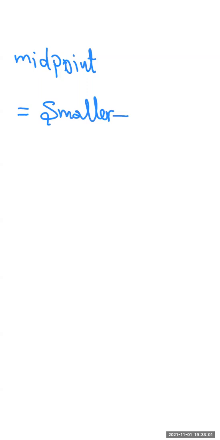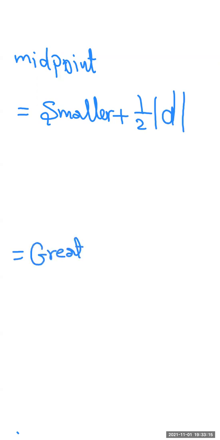The general rules for the middle or the midpoint will equal smaller plus half the absolute value of the distance, or it will equal greater minus half the absolute value of the distance.